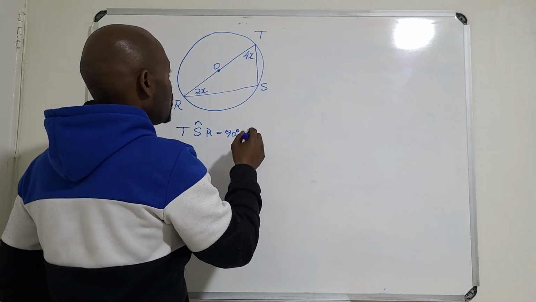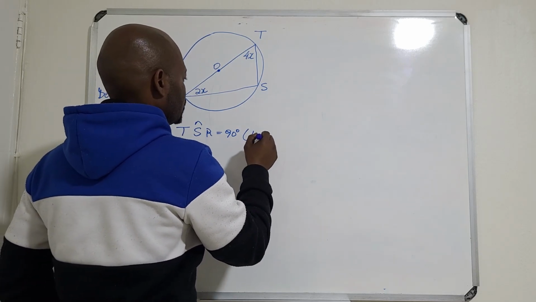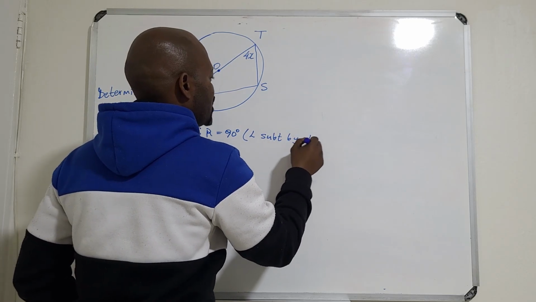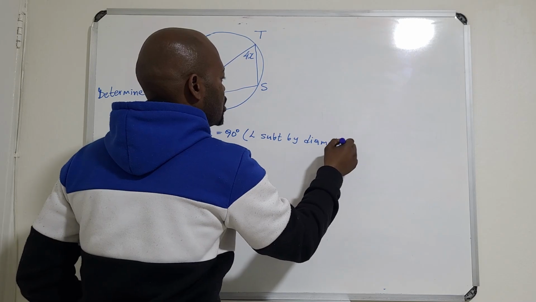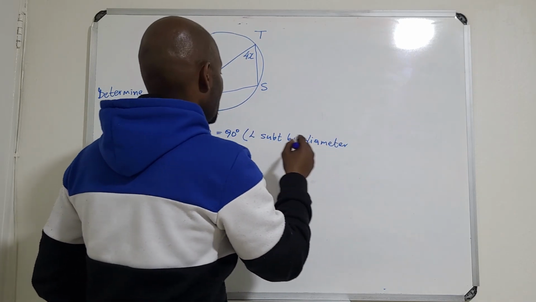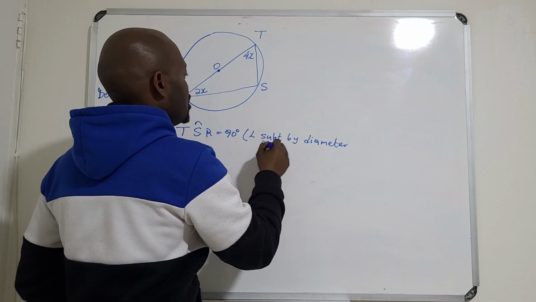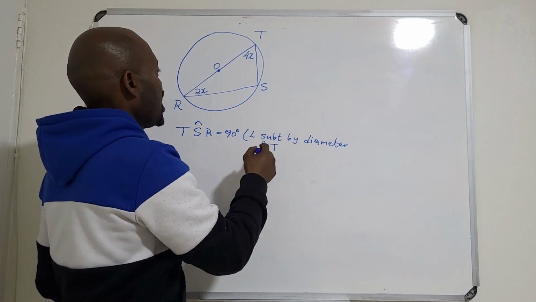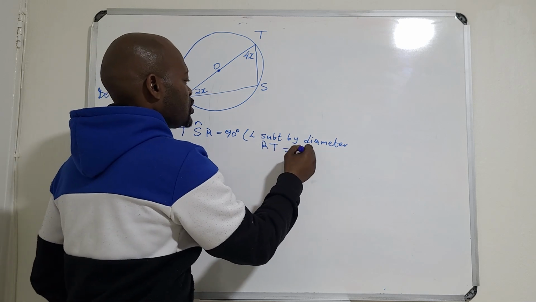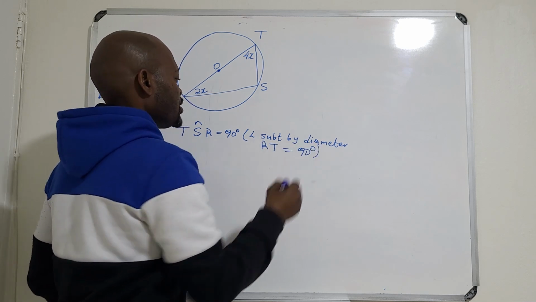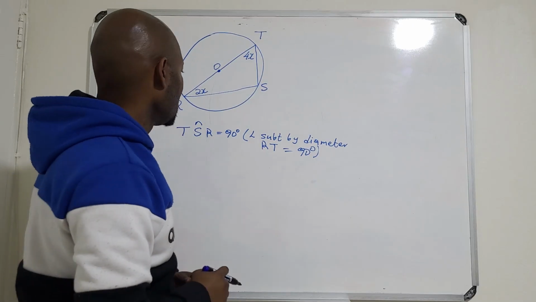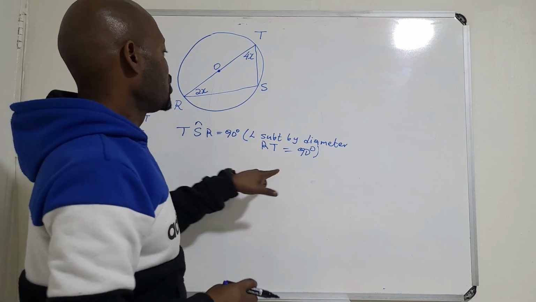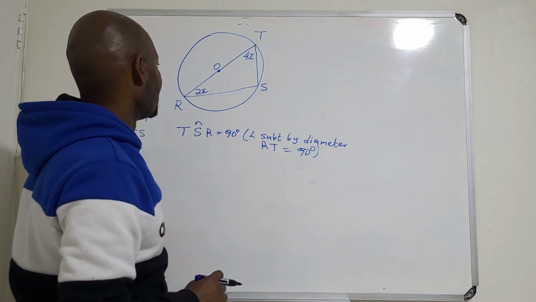Therefore, angle subtended by diameter RT is equal to 90 degrees. Now we got angle RST using theorem number 3.